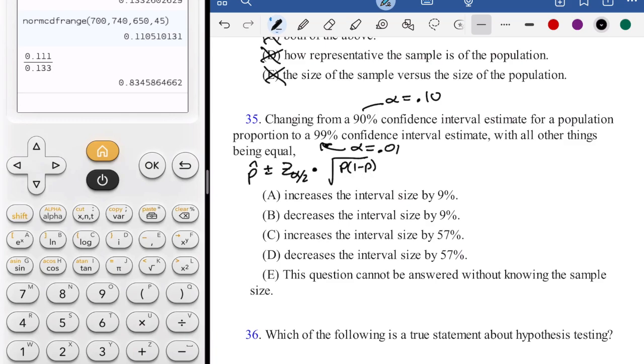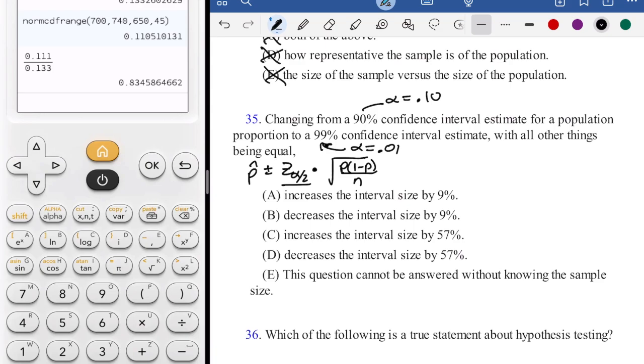For the purposes of this problem, it's not going to matter. It said all other things being equal, so we leave this alone and this alone. The only thing we care about is the impact that this has on the give or take.